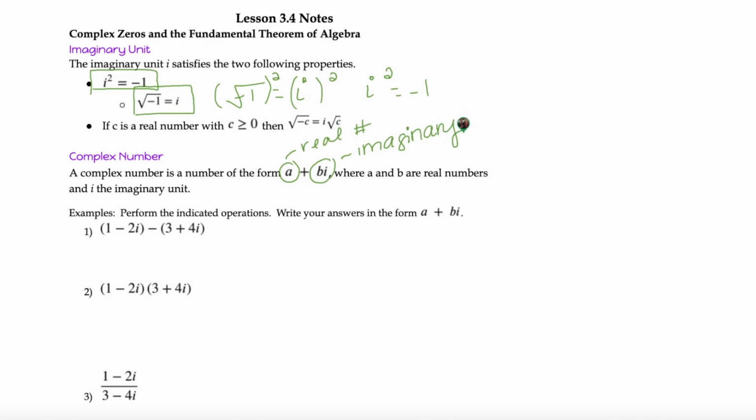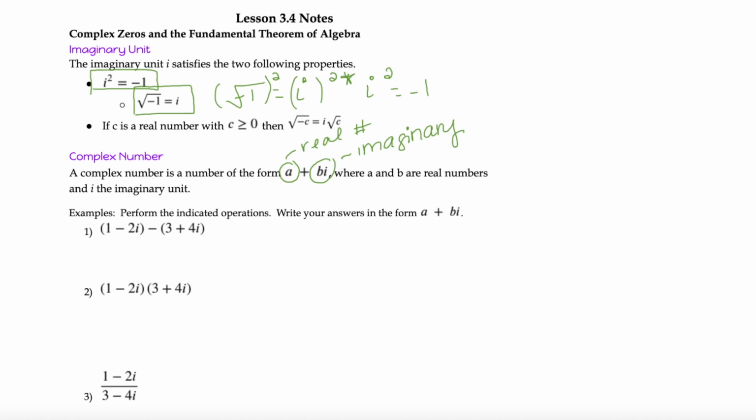What's wonderful about imaginary numbers is that we're able to treat them just as we would with any other variables. So we can treat i just as any other variable. The only difference is anytime I see i squared, I want to replace the i squared with negative 1. So be very careful in your homework about the operation we are trying to convey.